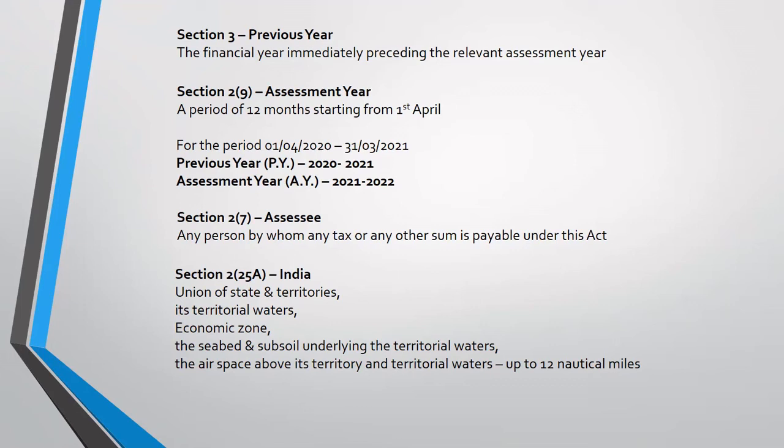I hope you've understood what I'm trying to say here: in this particular example, the previous year was only the month of March, but the assessment year, where you would be offering your income to tax, is always 2021 to 2022.